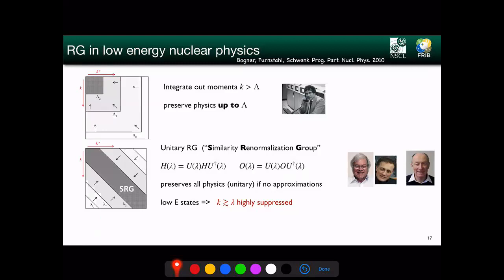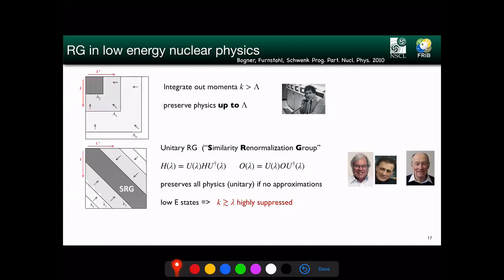So one slide on the RG. There are basically two schemes that are widely used in low energy nuclear physics. The first one is really analogous to the original Wilsonian RG, where you are literally integrating out momentum modes above some floating cutoff and lowering that cutoff. And the downfall of that is you only preserve physics up to the scale of degrees of freedom that you've kept.